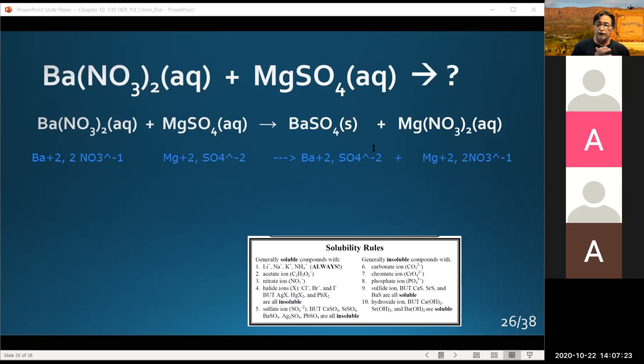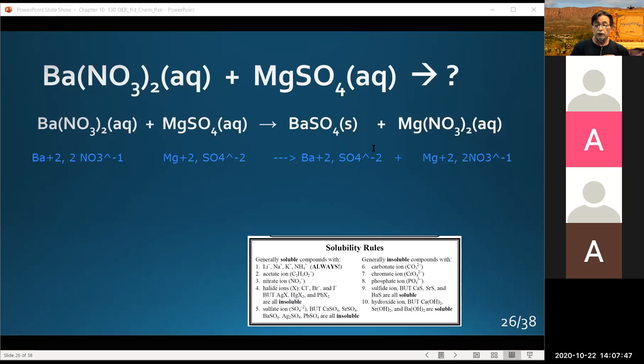Now I gotta balance everything. Here, it looks like everything just by default balanced out. I got 2 nitrates in the form of barium nitrate, and I got 2 nitrates in the form of magnesium nitrate. So the nitrates are balanced. I got 1 magnesium as reactant and 1 as product. Magnesiums are balanced.